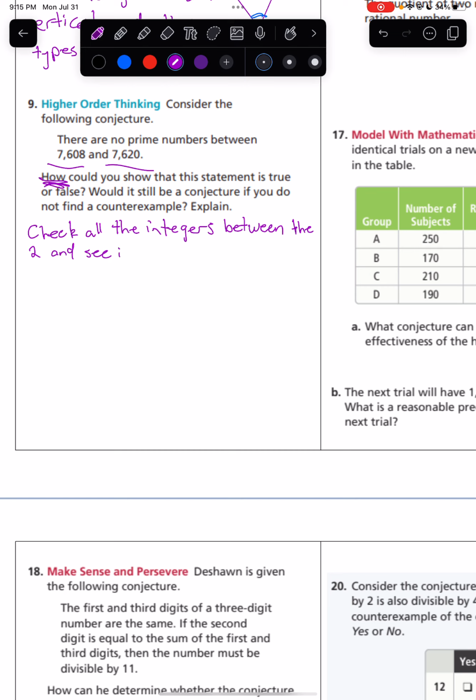If one doesn't have factors, then it's a prime number, which would make it a counterexample.